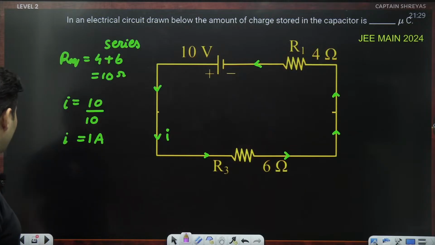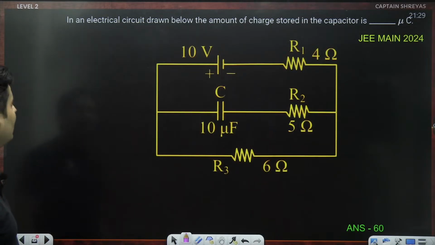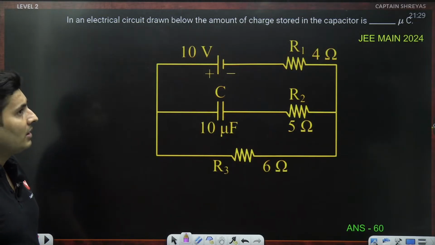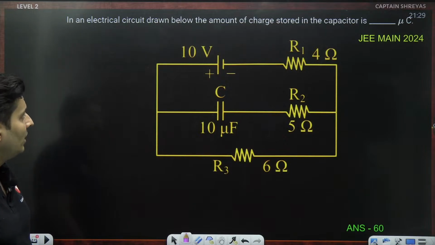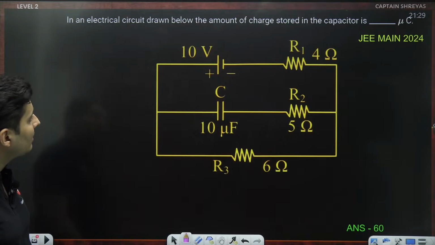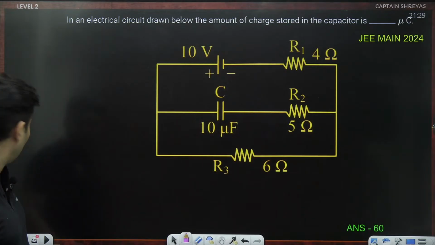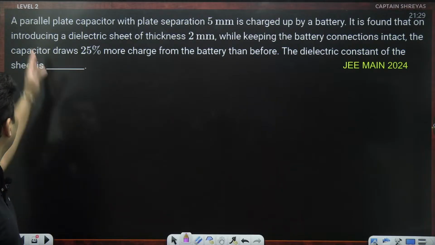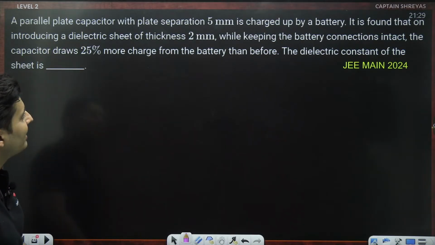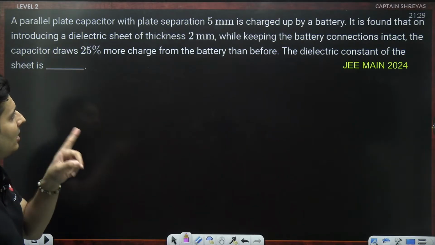Okay, let's go. Here it is. In this particular circuit which is drawn, the amount of charge which is stored in the capacitor is, okay, oh sorry, this is done already, my bad. A parallel plate capacitor with separation of 5 is charged by a battery.